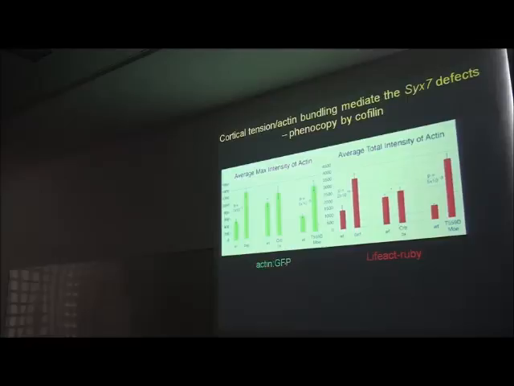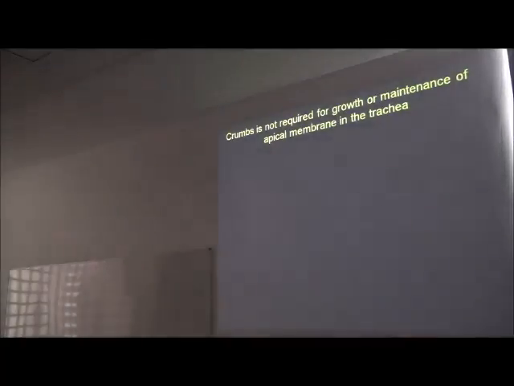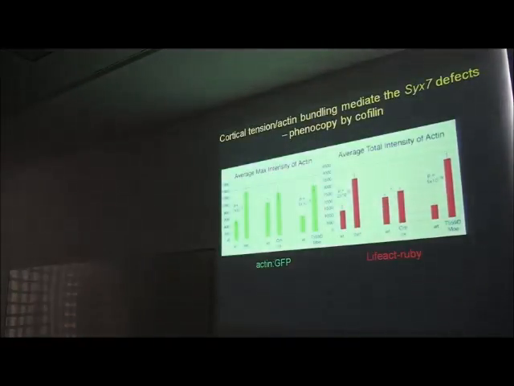So if we look at actin enrichment at the apical membrane, we see a great enrichment in the intensity, looking either with actin GFP or life act Ruby, both in the braided mutant, crumbs overexpression background, or the phosphomimetic molysin.